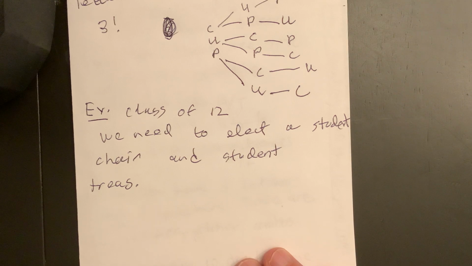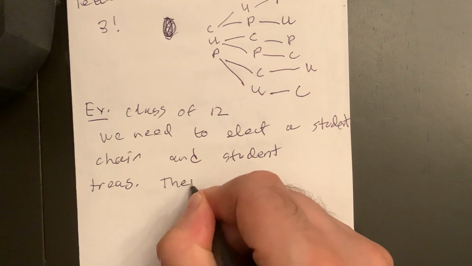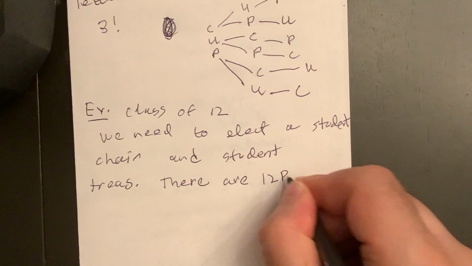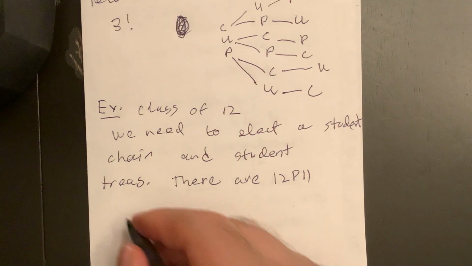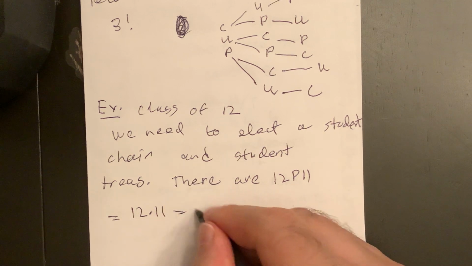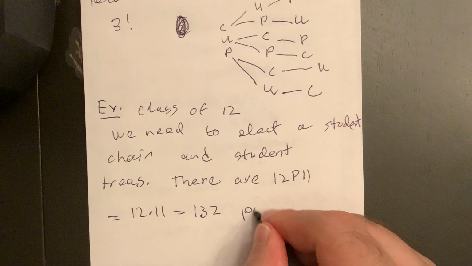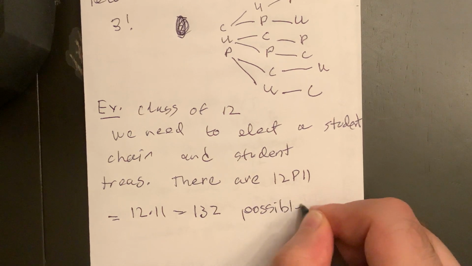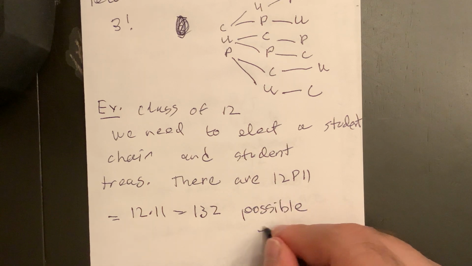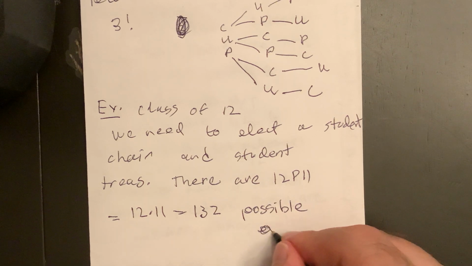Any student could be the chair. And then for each, because they can't also be the treasurer, there's 11 left over. So there are 12P2, which is equal to 12 times 11, which is equal to 132 possible assignments.